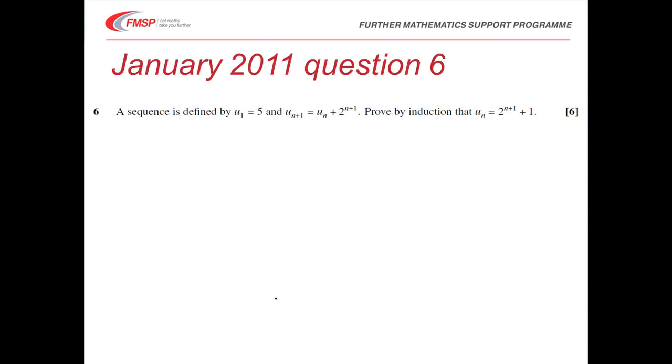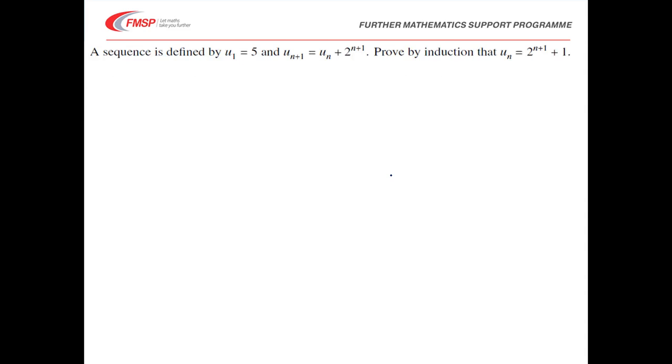Okay, we've got one more question to look at. It's another proof by induction question, and this is one on sequences rather than sums, so a slightly different approach. But it's proof by induction, so that's the only method that will be allowed. So I'll use a different slide where I've got a little bit more space to work.